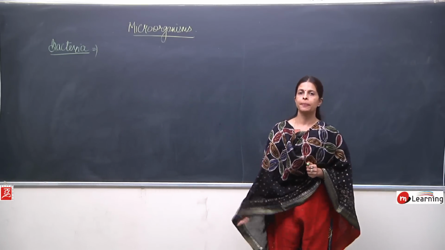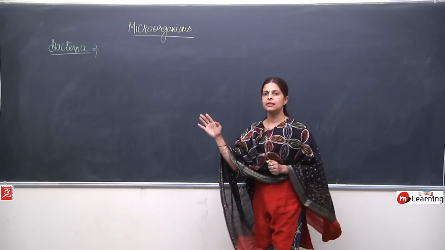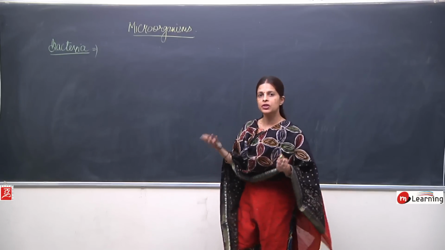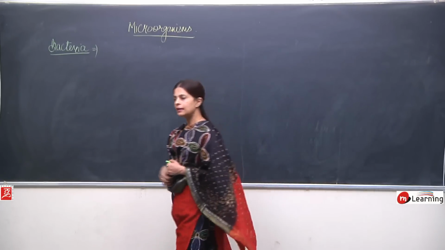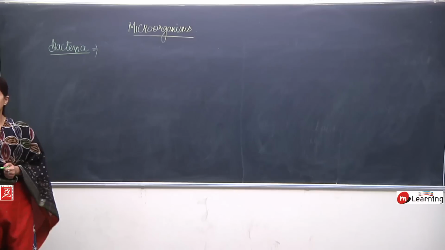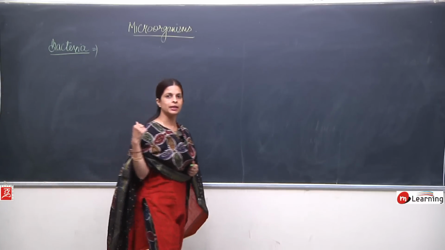What I am saying is, microorganisms in the broader sense can be of different shapes and sizes. Then we started with the groups of microorganisms. In the groups of microorganisms, first of all we are talking about bacteria.